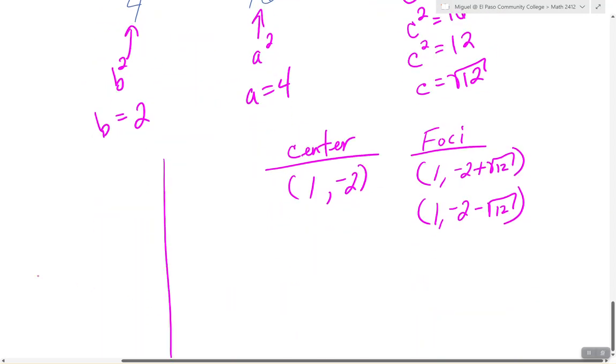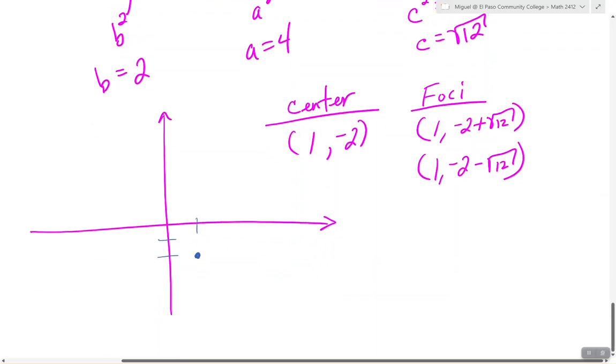So sketching, center is at 1, -2. We said it's vertical, so A is 4, so go up 4. 1, 2, 3, 4 is here. Down 4, 1, 2, 3, 4 is over here. Sideways from the center, we go B units. B is 2. 1, 2.